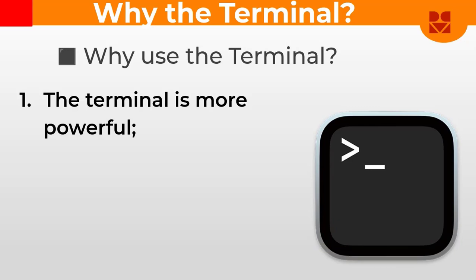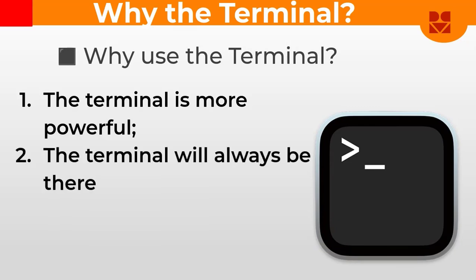And then the terminal will always be there. As we said in the previous video, Linux came with a terminal. The earlier Linux machines just came with the terminal or the console, so you accessed everything with the console. It is later that they added the graphical desktop environment to it.